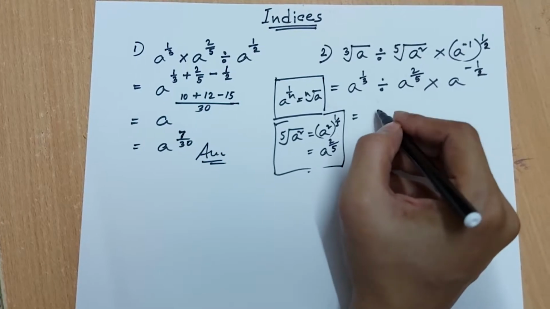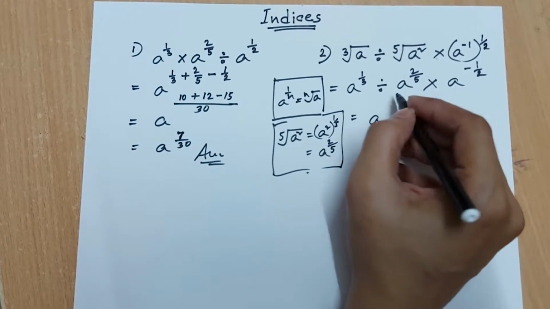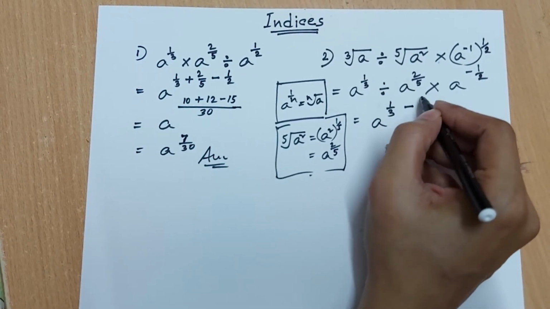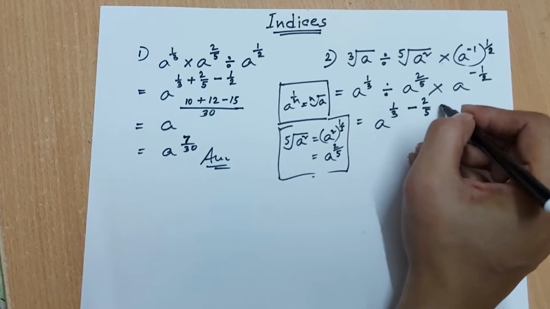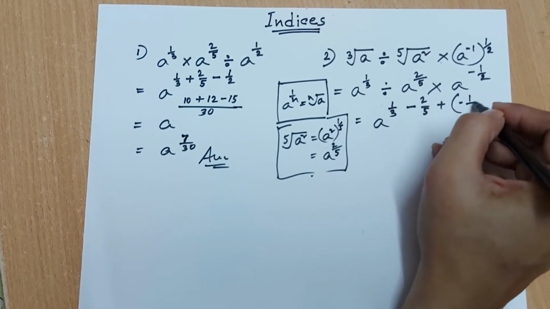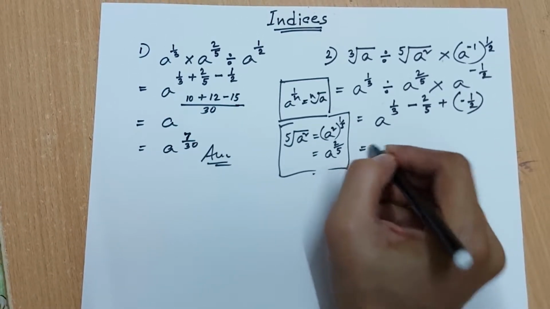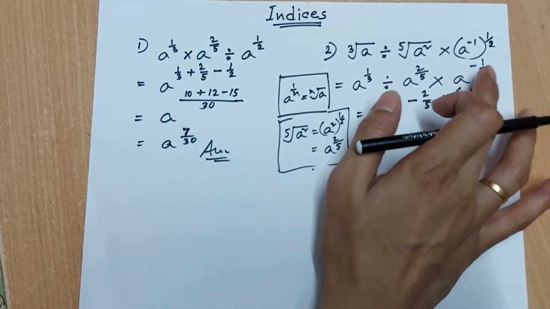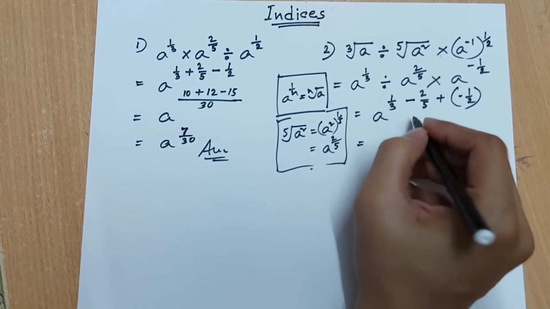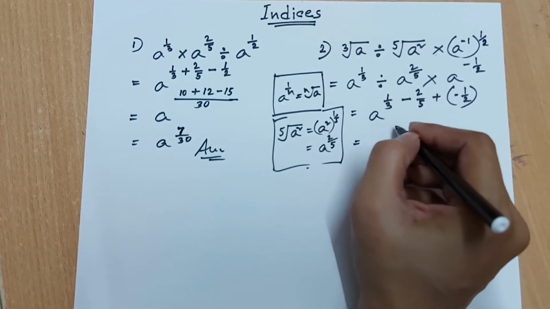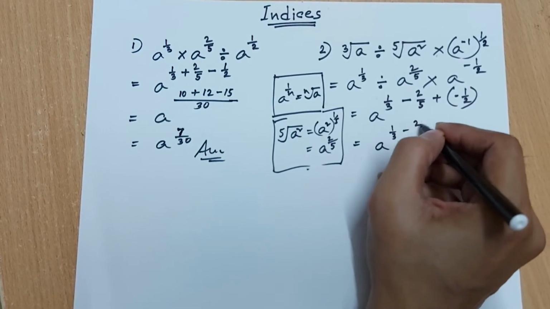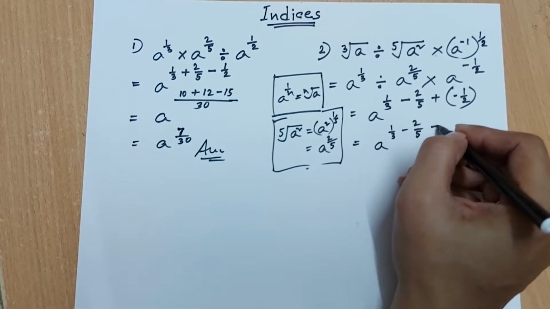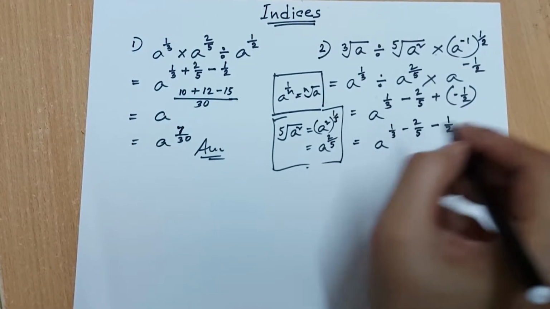Now what we're going to do, a power 1/3 minus 2 by 5 plus minus half. I just subtract the powers of the dividing one and add the power of the multiplying one. Now the simplification: 1/3, 2 by 5, minus half.